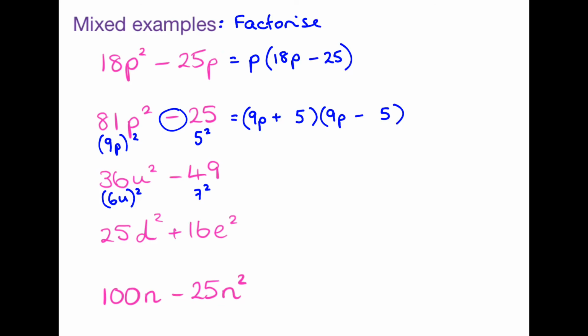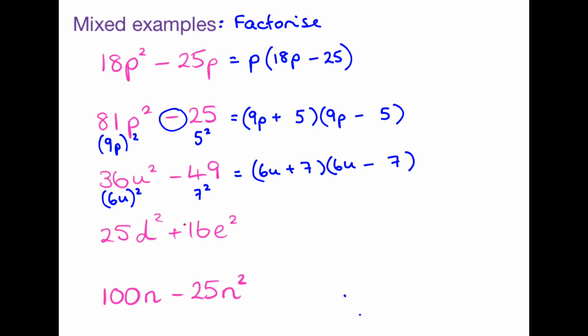So we do have a difference of 2 squares, so we can set up our 2 brackets there. And then we've got to put 6u in the front of both brackets, and 7 in the back of both brackets, and 1 plus and 1 minus.